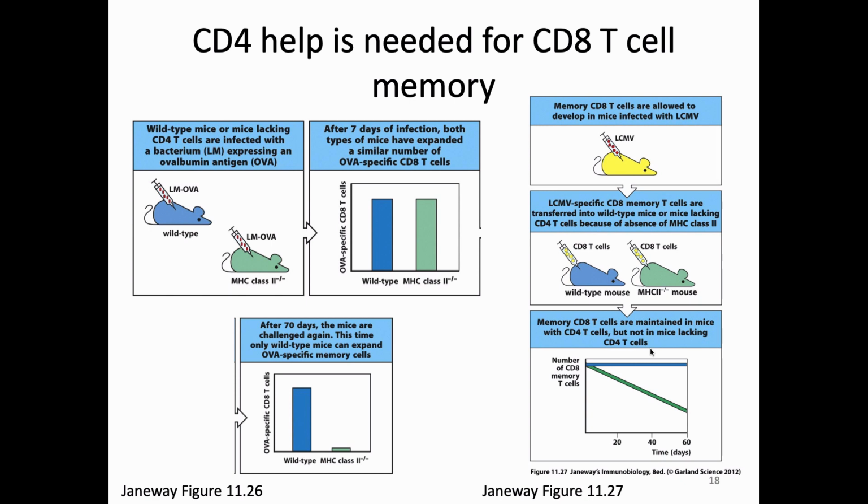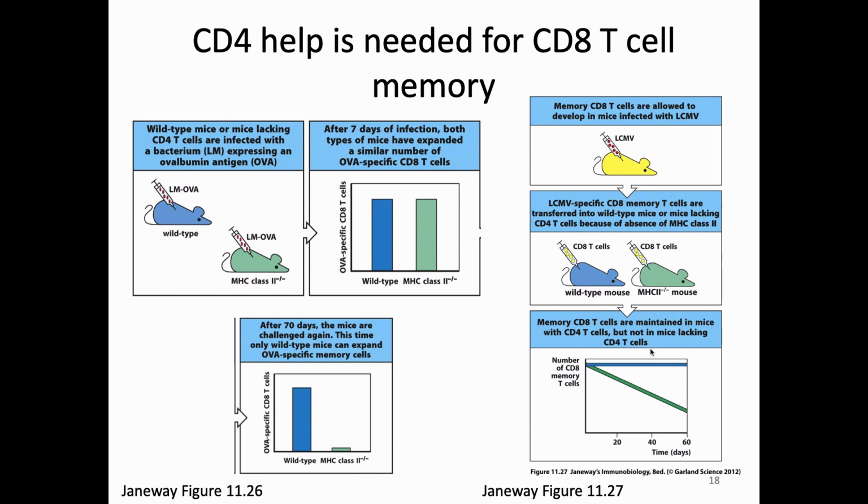But then if they looked 70 days later and tried to reinfect the mice, the ones that didn't have CD4 cells couldn't make a secondary response. So it looked like those CD4s were really important for helping CD8s make their memory response.